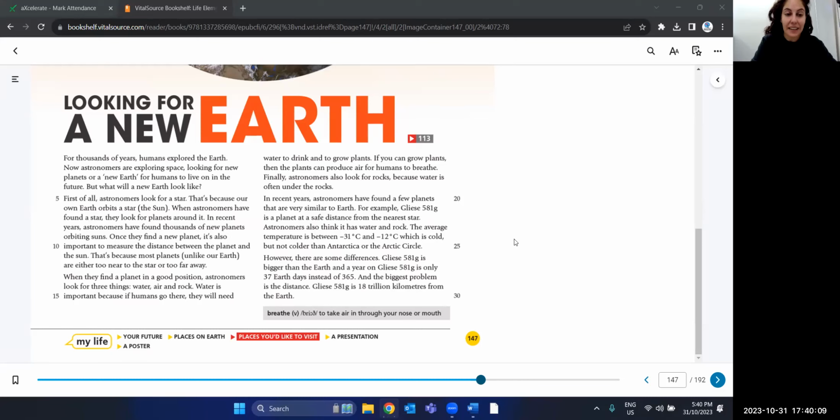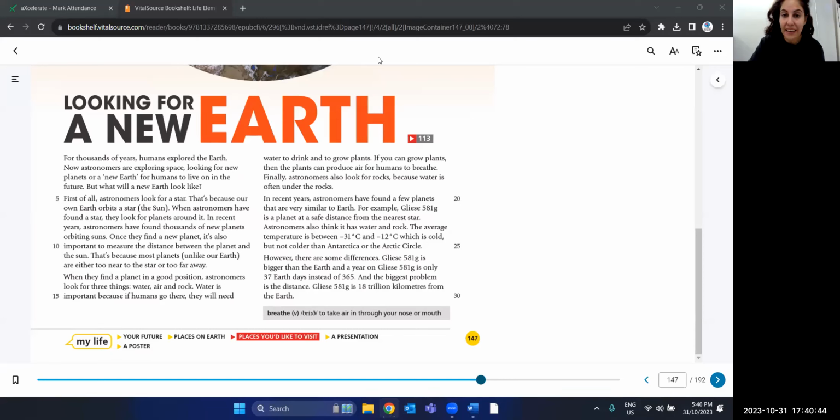When they find a planet in a good position, astronomers look for 3 things: water, air, and rock. Water is important because if humans go there, they will need to drink water and to grow plants.